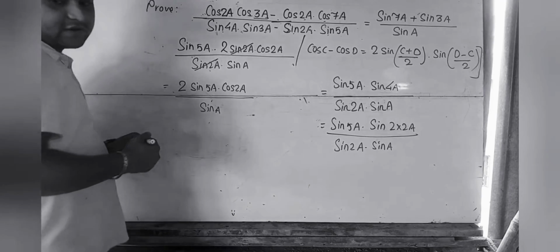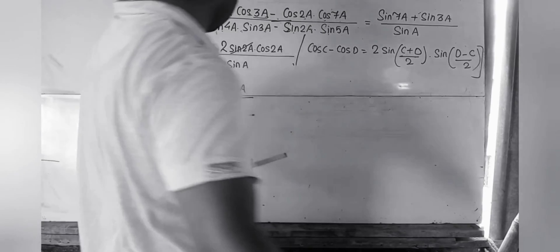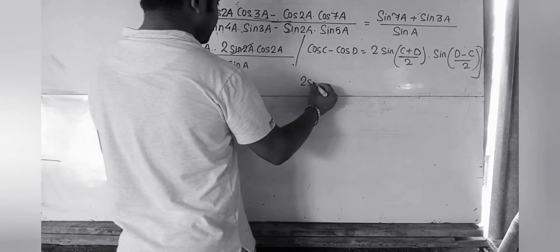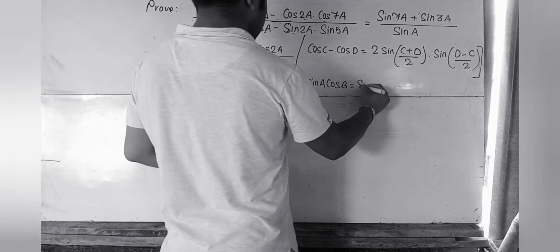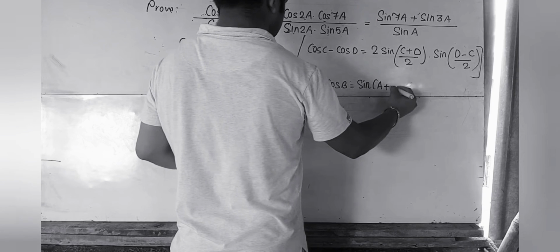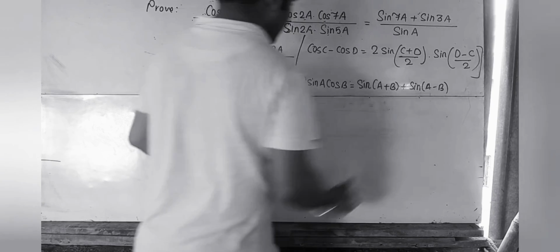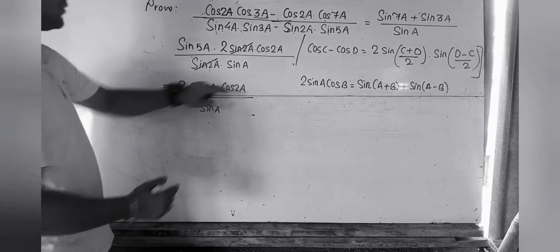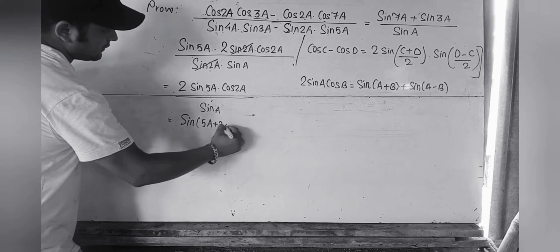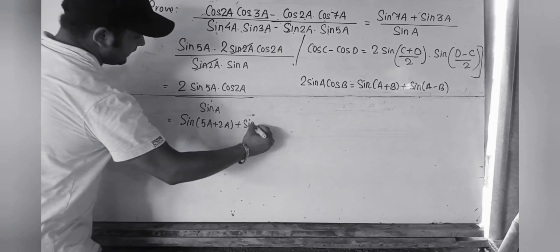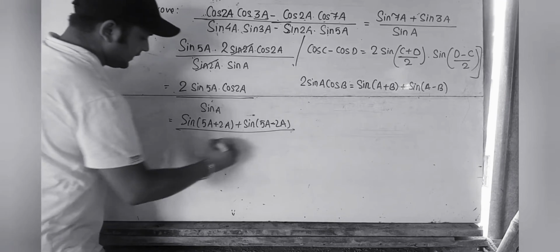Now let us recall another formula, 2 sine a cos b. The formula is sine a plus b plus sine a minus b. Now we use the same thing here, 2 sine a cos b, so the formula will be sine a plus b plus sine a minus b by sine a.